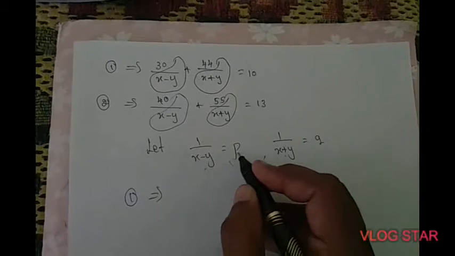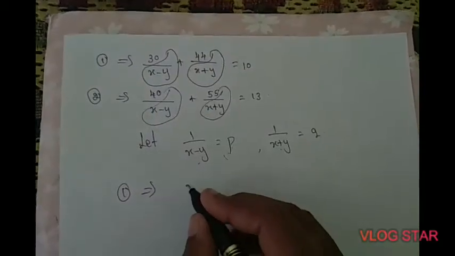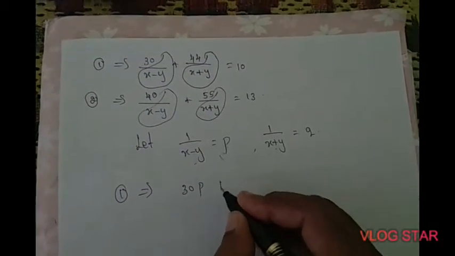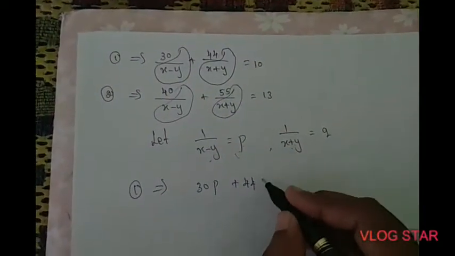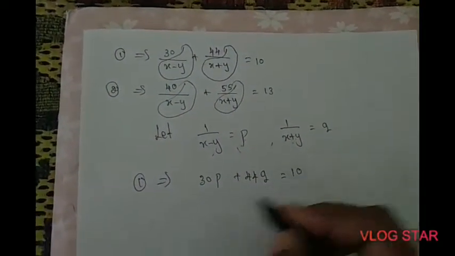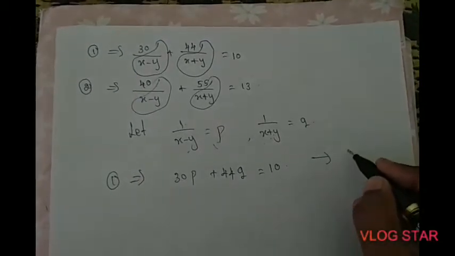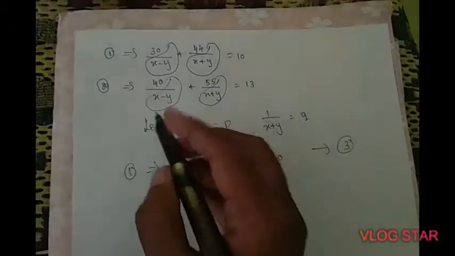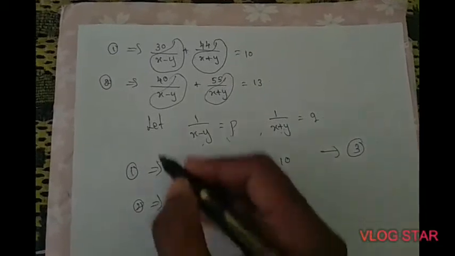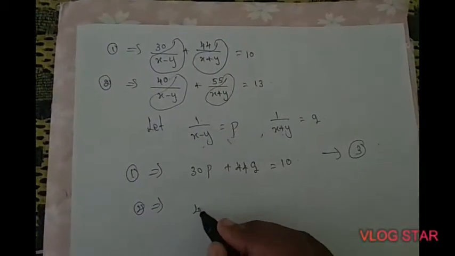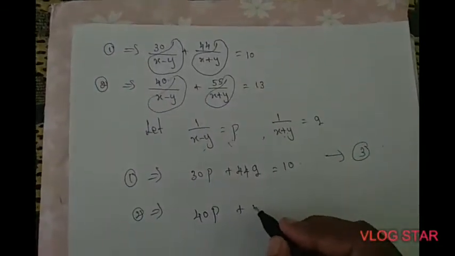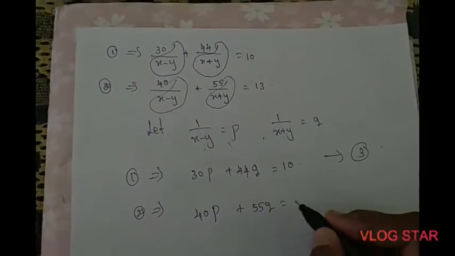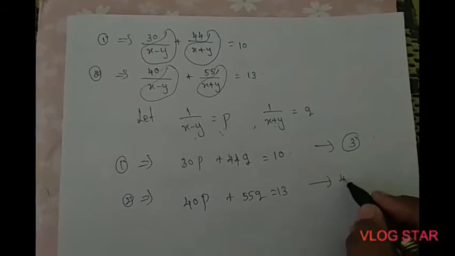First 1 by x minus y is p. Then we will get 30p plus 44, 1 by x plus y is q, equal to 10. Okay. This is equation 3. Then from second equation, 40p plus 55q equal to 13. This is fourth equation.